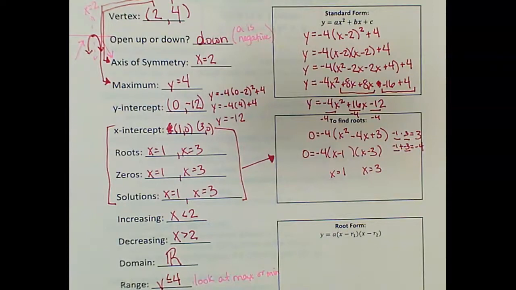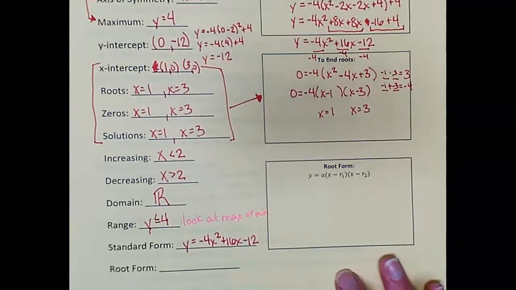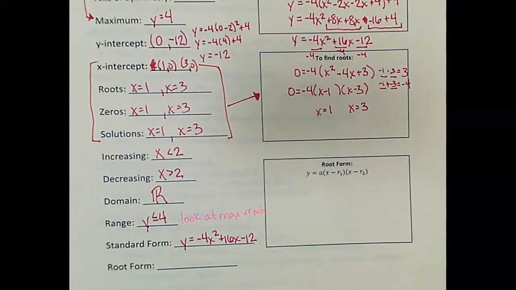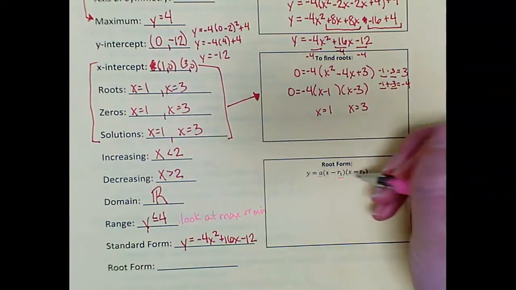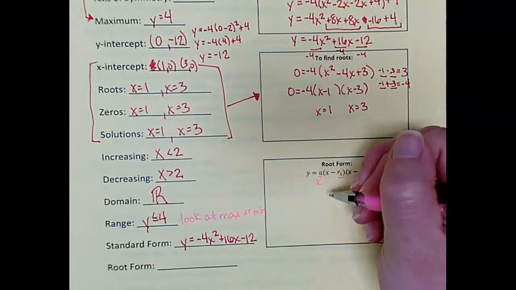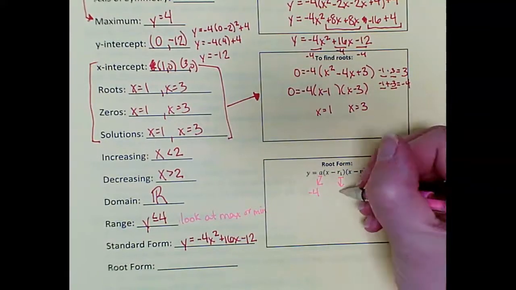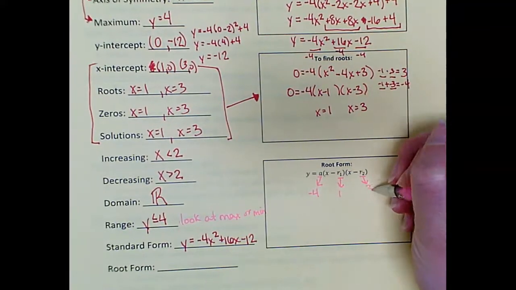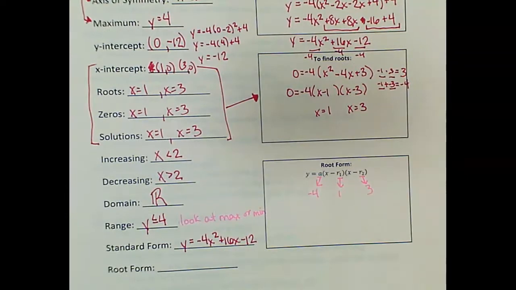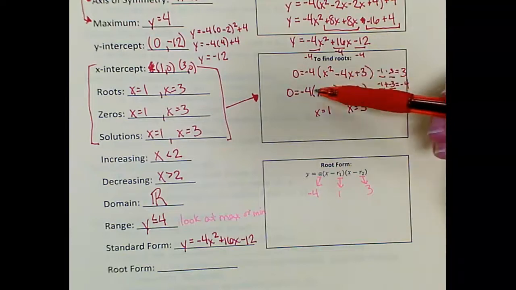And finally, we need root form. That's the last thing that we need. And so if you remember from the last set of notes, we were able to just substitute values in here. So our a for this problem was negative 4. One of the roots was 1, and another root was 3. But you'll also notice that in the process of finding the roots, we actually found root form because we factored.